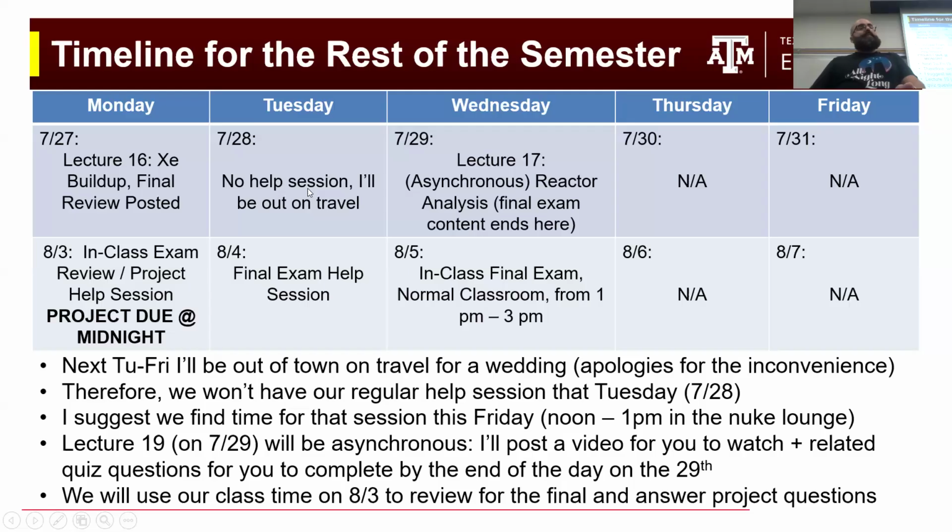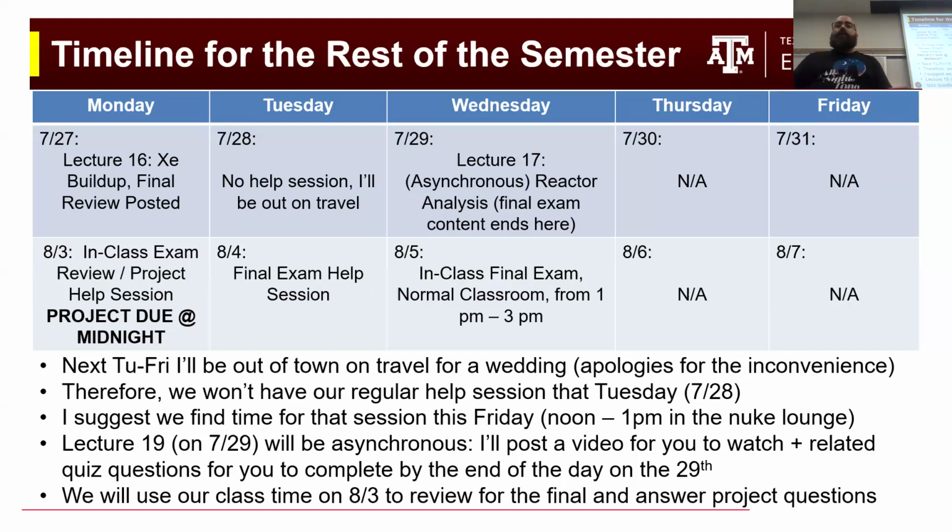Normally, we would have a help session on Tuesday, but I'm going to be out of town basically the rest of next week. So, in terms of that help session, what I think we should probably do is try to find a time to meet for that help session before Tuesday. I don't know what y'all would prefer, if y'all would prefer tomorrow or Friday.